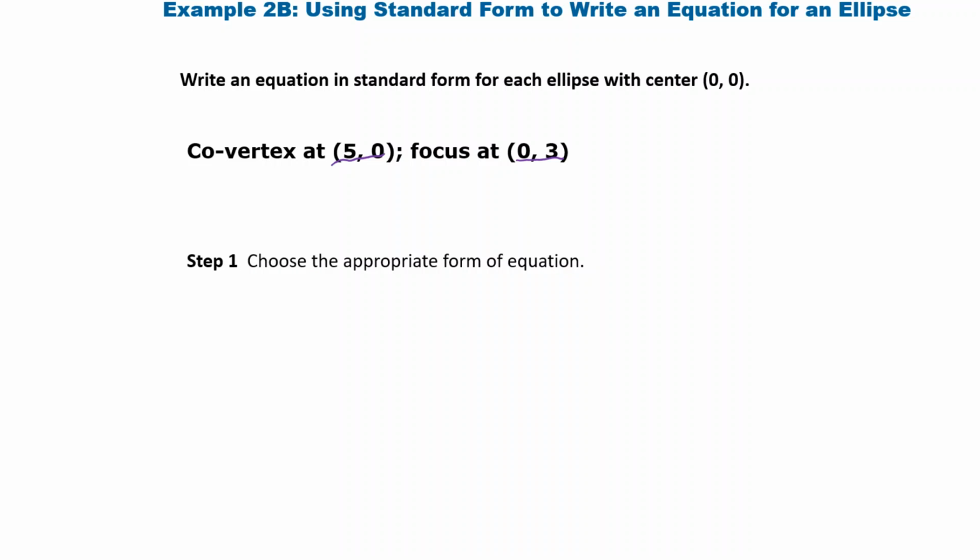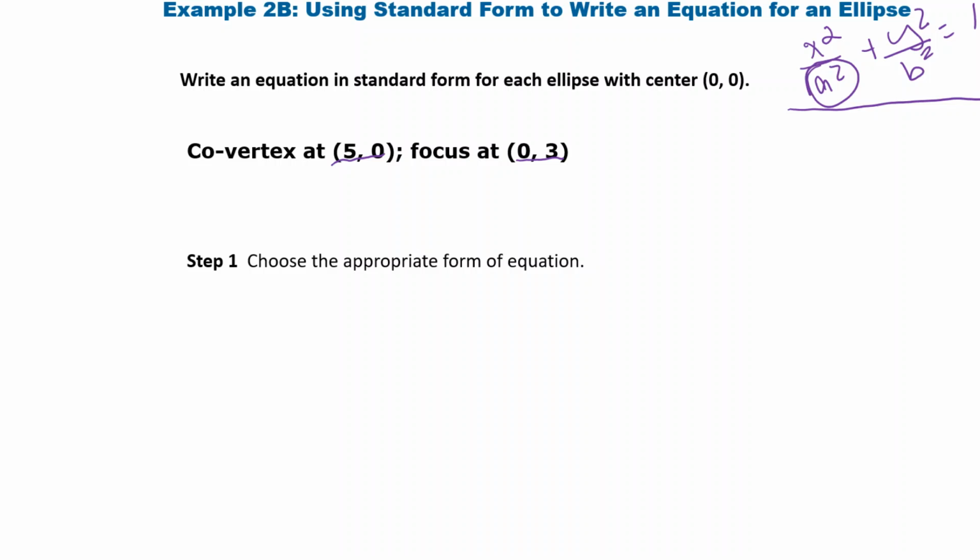Remember, if the major axis is horizontal, it's going to be x squared over a squared plus y squared over b squared equals 1. This a is going to be our major axis, and this is if the major axis is horizontal with the x.